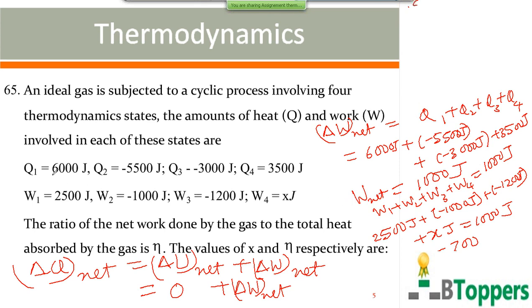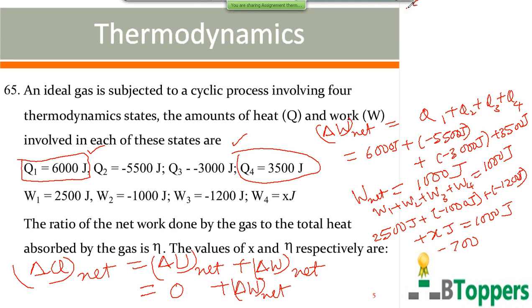To calculate the total heat absorbed by the gas during the cycle, you have to consider only the positive values of Q. Q1 is positive, means heat absorbed by the gas in process one. But Q2 is negative, which represents heat lost or rejected by the gas. Q3 is also negative, which also represents the heat rejected by the gas. Q4 is positive. So consider only the positive values of Q.